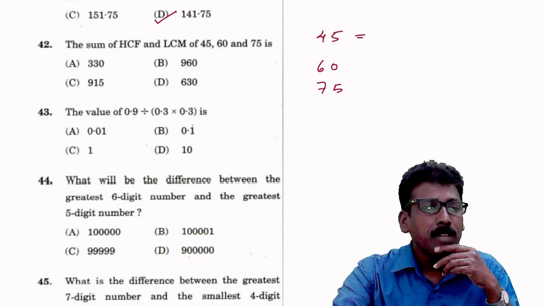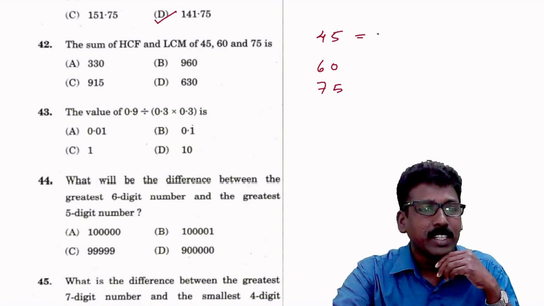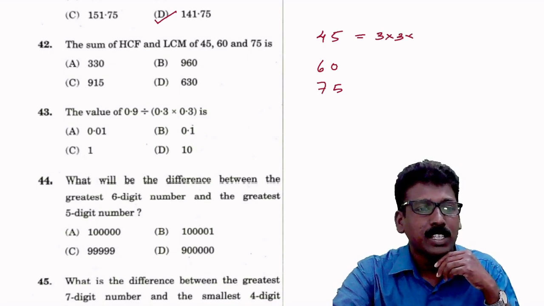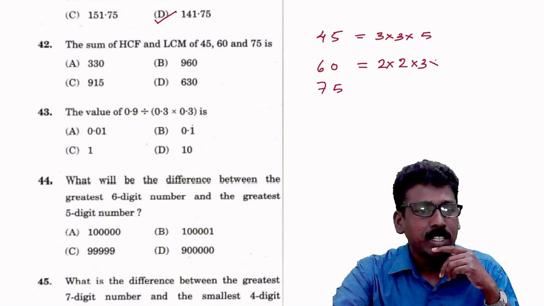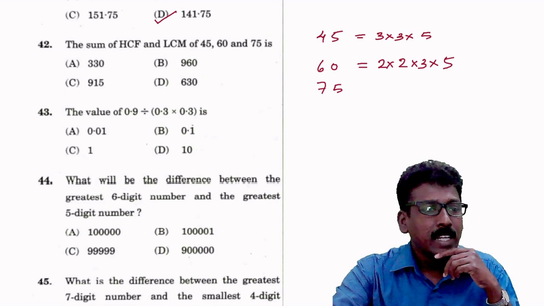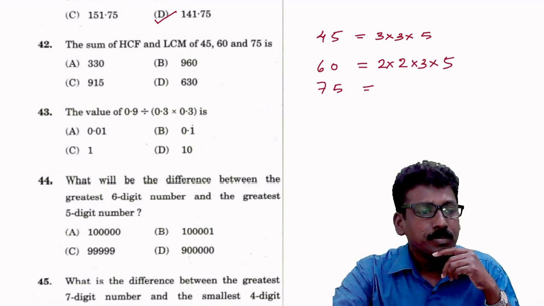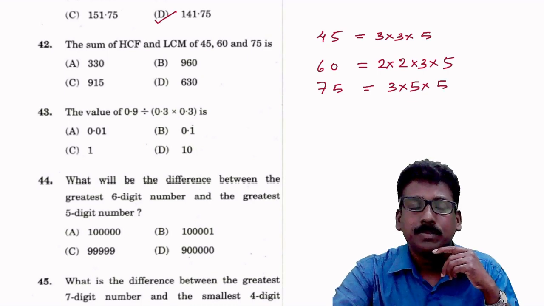The prime factorization of 45 you can write as 3 into 3 into 5. Similarly, 60 you can write as 2 into 2 into 3 into 5. Then 75 you can write as 3 into 5 into 5.